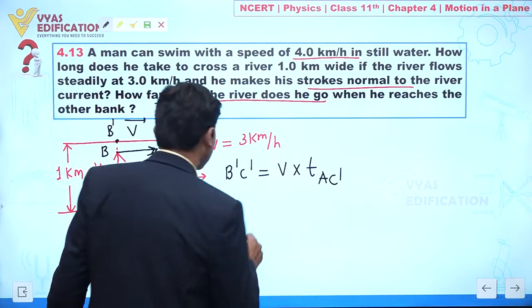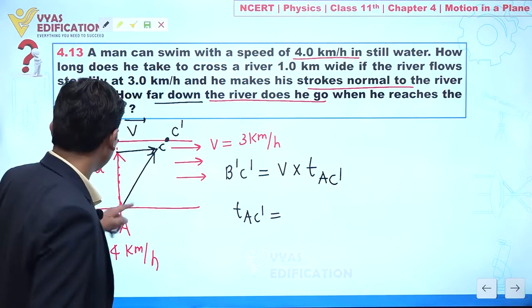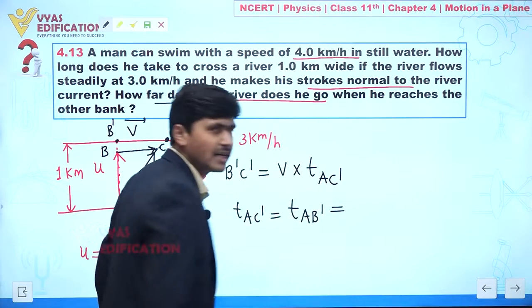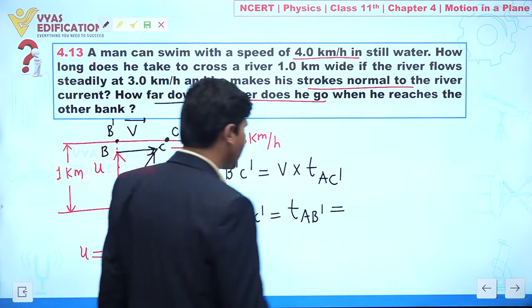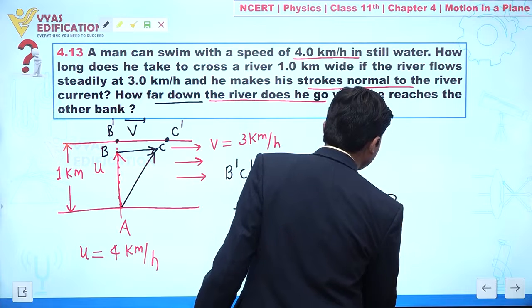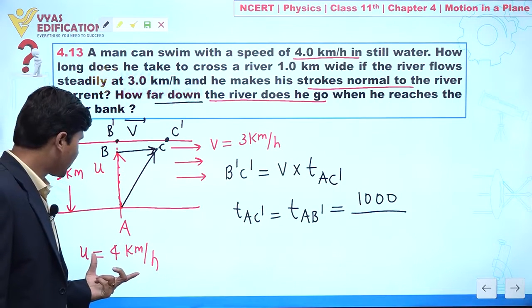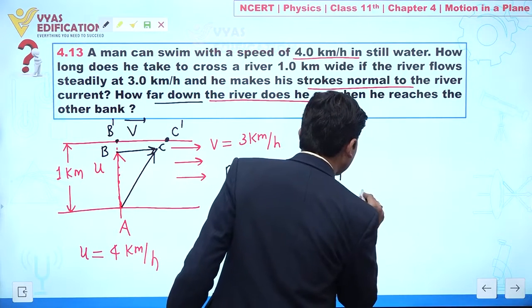So directly we can calculate the time for A to C dash or A to B dash, it is the same. Clear? And this is given by, what is the total width of the river? 1 km. So we can write 1 km upon 4 km per hour. We can directly remain in kilometers per hour.